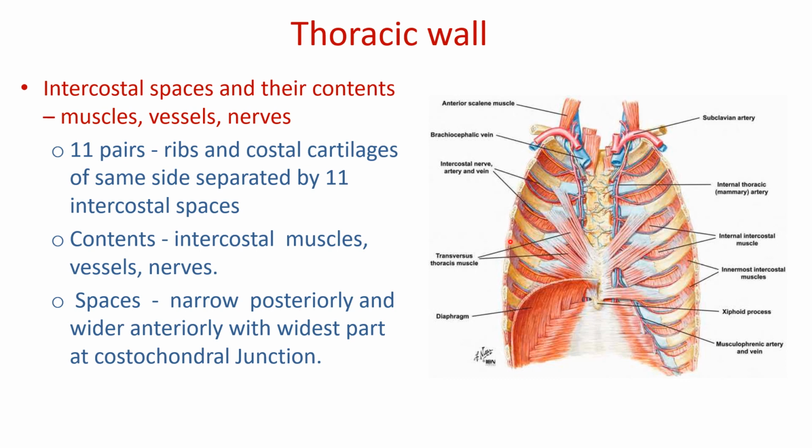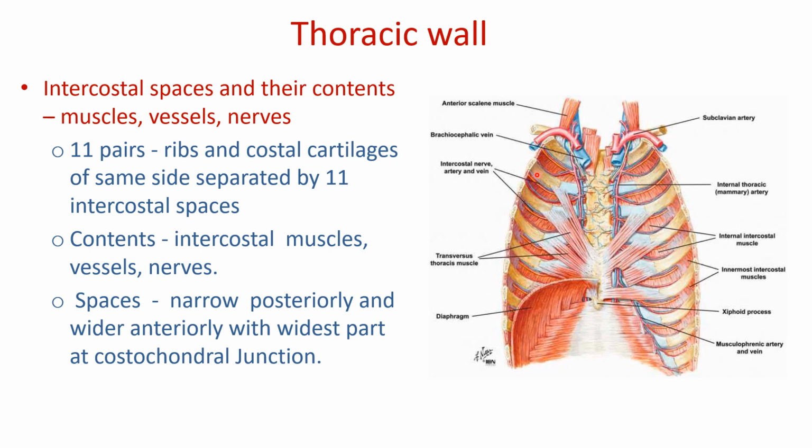What is the content of the intercostal space? The contents of intercostal spaces are intercostal muscles and their vessels, which you are seeing, and nerves. These spaces are narrow posteriorly but wider anteriorly, with their widest part at the costochondral junction.